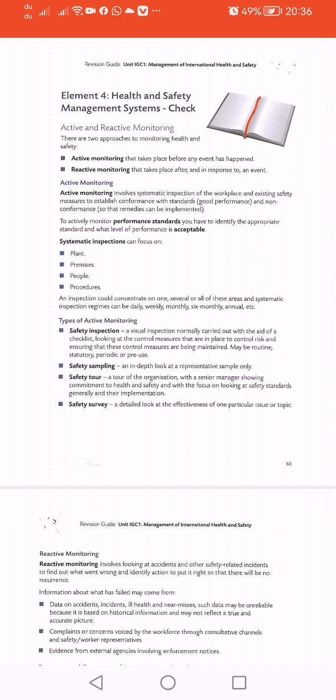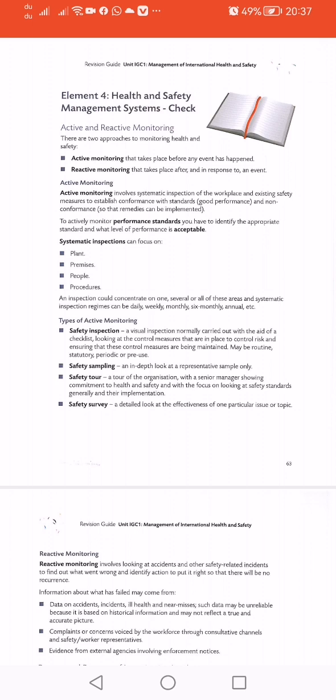This is a visual inspection, normally carried out with the aid of a checklist, looking at the control measures that are in place to control the risks and ensure that all these control measures have been maintained, maybe routinely, statutorily, or periodically, as pre-use checks.